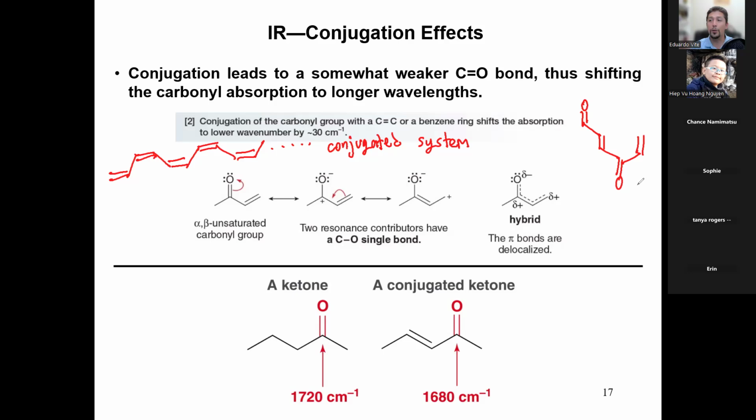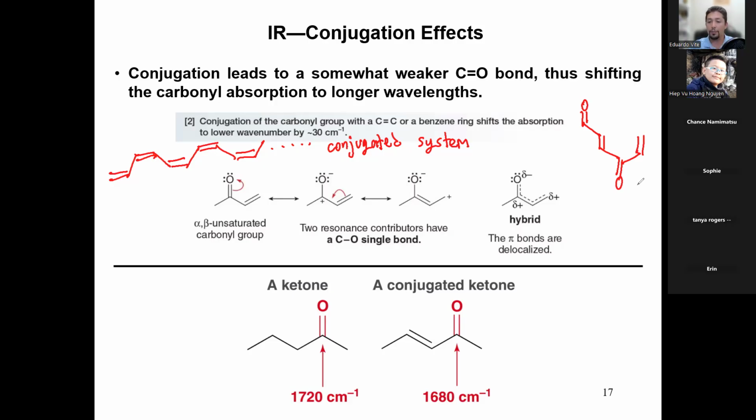So any of those numbers is less than a double bond. So the wave number is going to weaken. The energy is going to be weaker, right? So as soon as you have anything lower than a double bond, it's going to have a lower wave number and lower energy to vibrate compared to a double bond. And also it's going to have higher energy than a single bond. It's in between. So this is why conjugation is important.